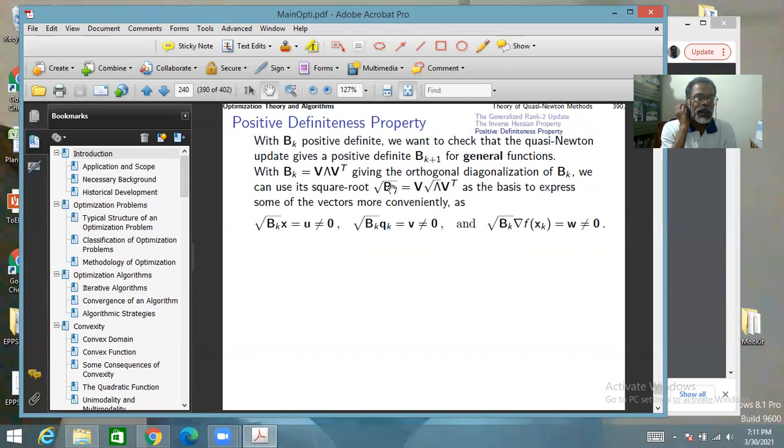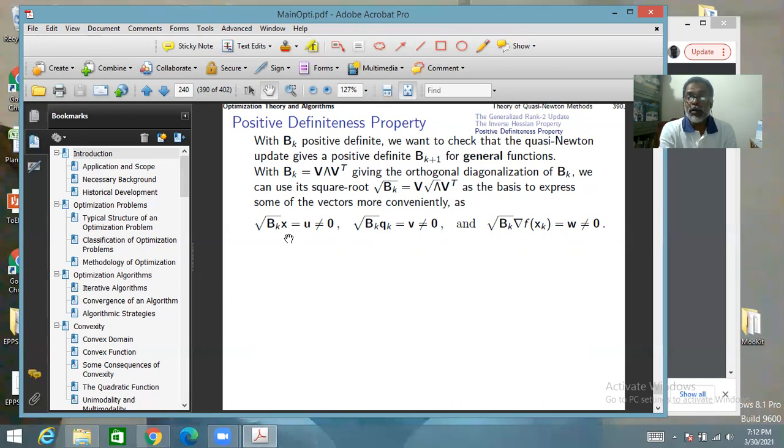You can talk about the square root of a symmetric matrix if it is positive definite. Okay, and that is this. And in this basis, we express several vectors that we will need on the way.